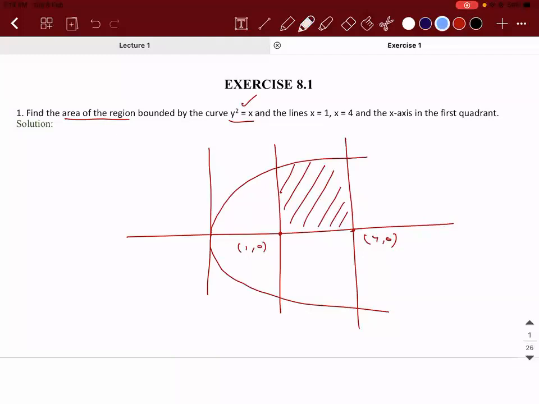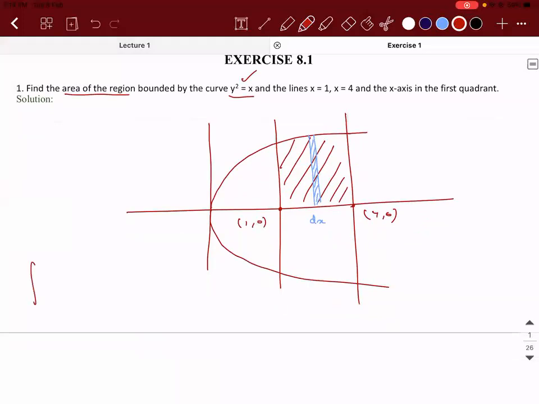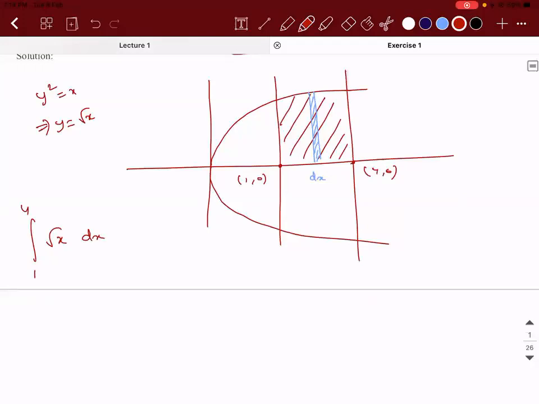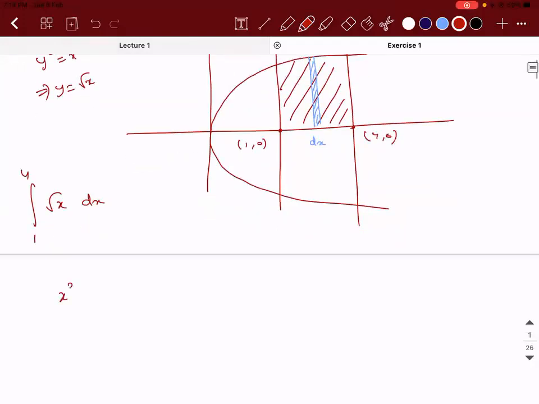So for that, what we can do is if you draw a thin strip, then this will become dx. So integral of root x dx between the points 1 to 4, because we know that y square is equal to x, which implies y is equal to root x. So when you solve this, you will get x power 3 by 2 divided by 3 by 2 between the points 1 to 4.